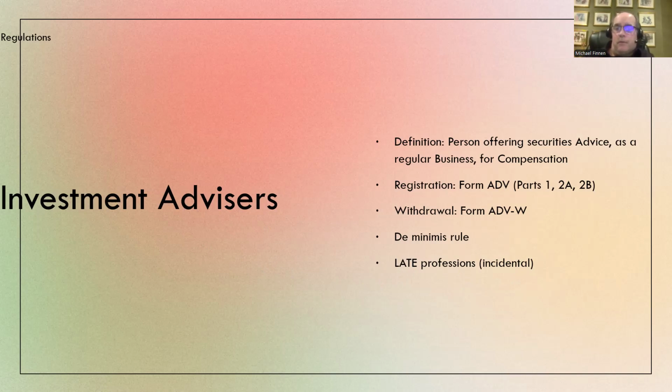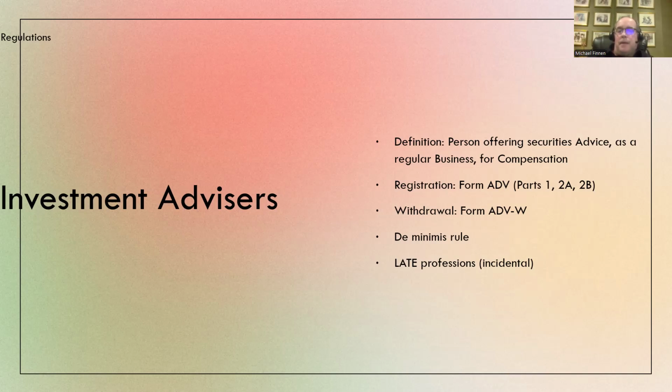One of the ones he's always come up with is PLATE: if you are a publisher, lawyer, accountant, teacher, or engineer, and you are giving investment advice incidentally in your business, and you're not getting paid for it, you get the exemption. You do not have to register as an investment advisor as long as you're not getting paid.